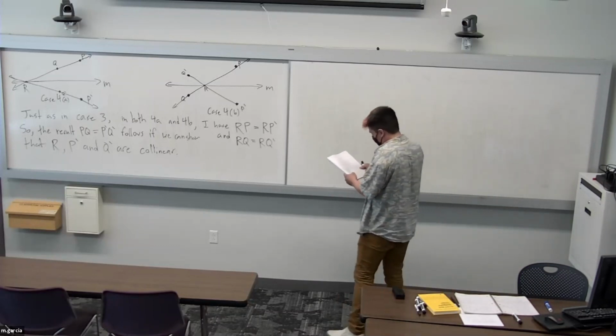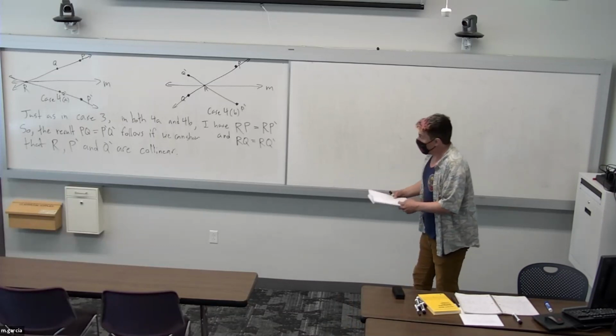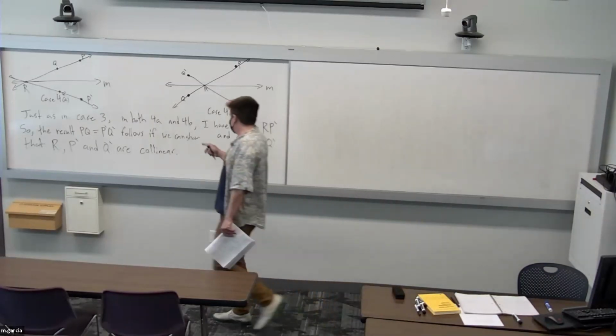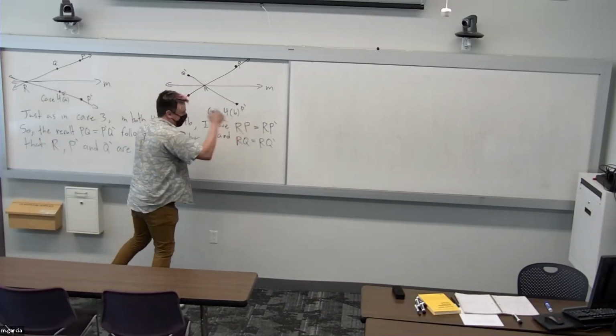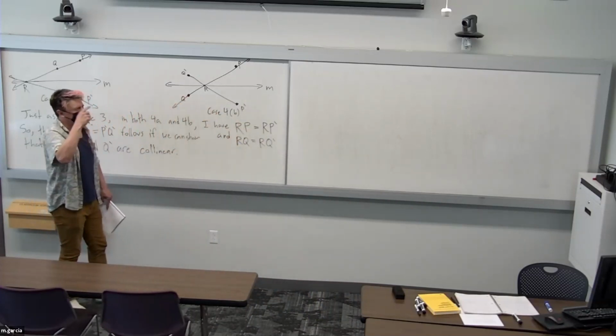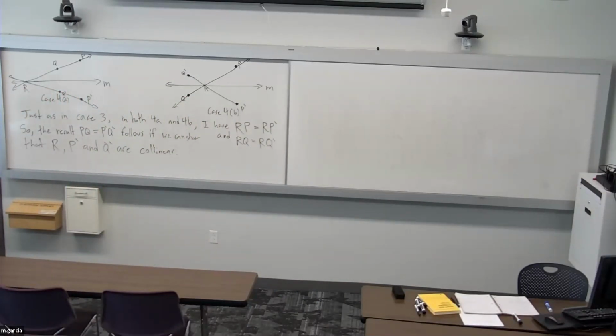So, how do you justify this idea that collinearity implies that PQ is the same distance as P prime Q prime? Well, let's see here.